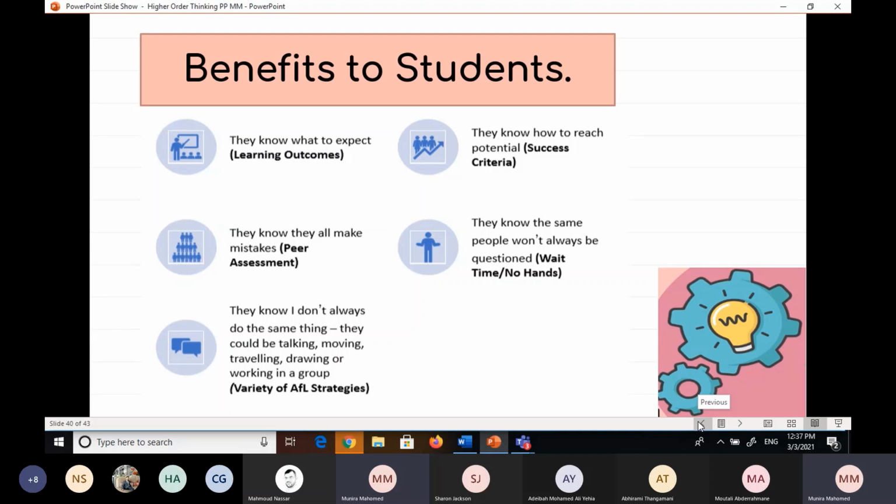They know that I don't always do the same thing, so they could be talking, moving, traveling or drawing, working in a group. Offering a variety of strategies to students at all different times makes them aware that you are not going to be just taking the same thing.